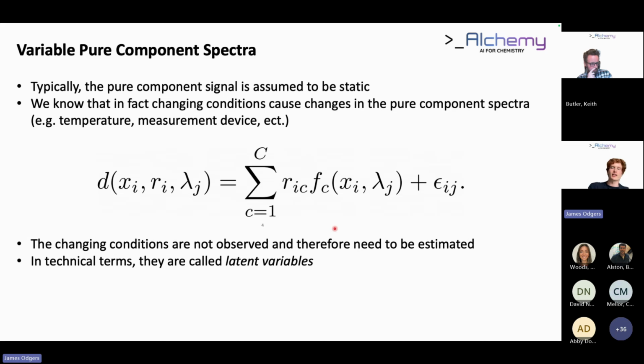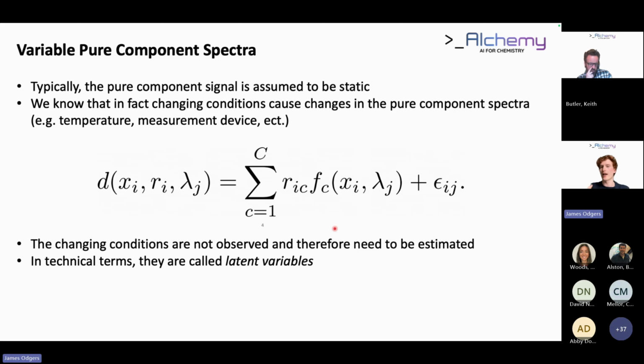Actually, it's going to interact with light depending on things like what the temperature is, what the crystal structure of that chemical is when you're making the measurement. Even changing from one spectrometer to another is going to have an implicit effect on the pure component spectra, because each measurement device is slightly different.